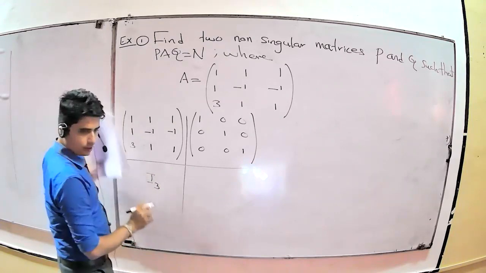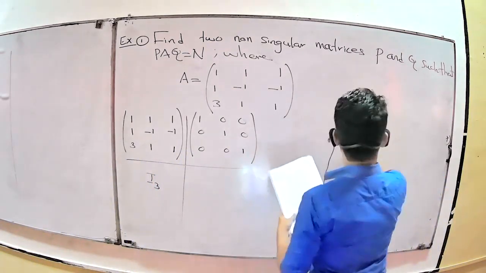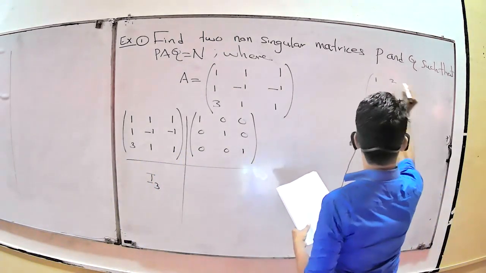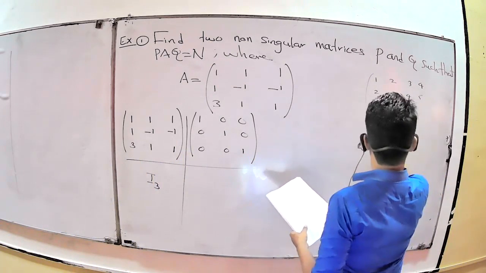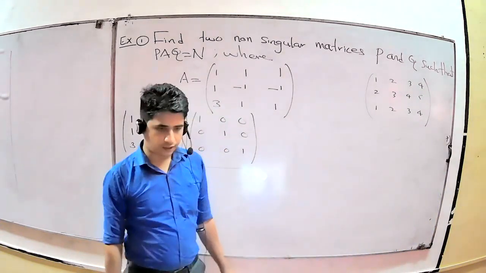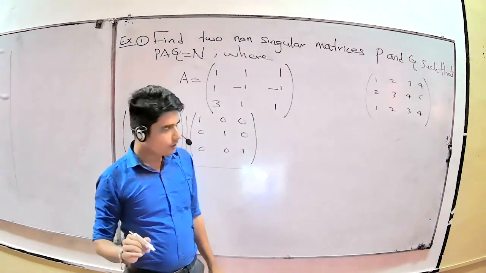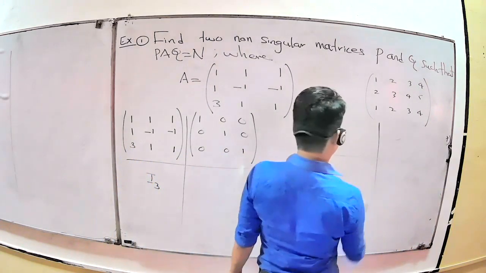For example, suppose they give this matrix: 1 2 3 4, 2 3 4 5, 1 2 3 4. It is one of the matrices. Suppose for this P and Q, you want to find the P and Q matrices. You put A first.